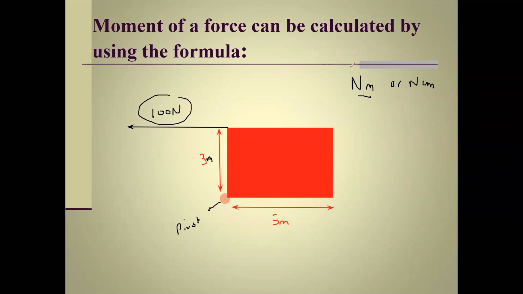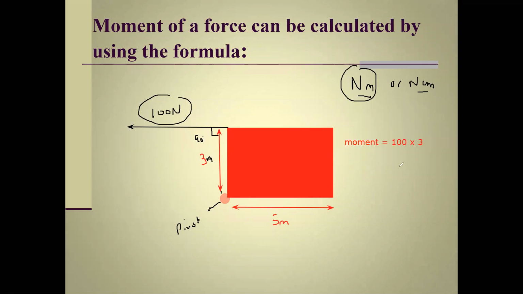The SI unit of moment is Newton meter, but another unit can be Newton centimeter. So the 90-degree distance from the pivot to the point where we are applying the force is 3 meter. We always take a 90-degree distance between the pivot and the force. So in this case, the moment is equal to force, which is 100, multiplied by the perpendicular distance from the pivot, which is 3.